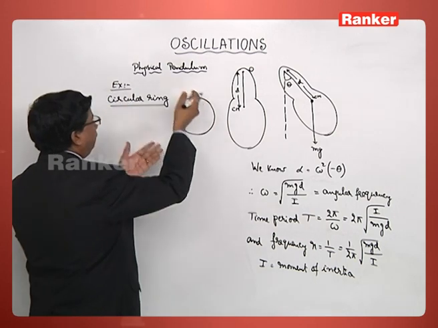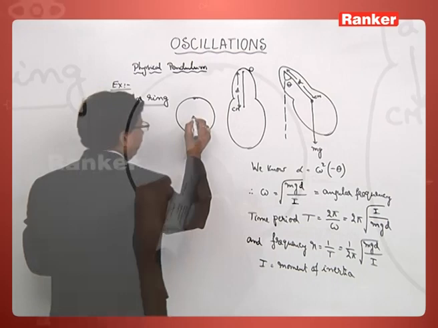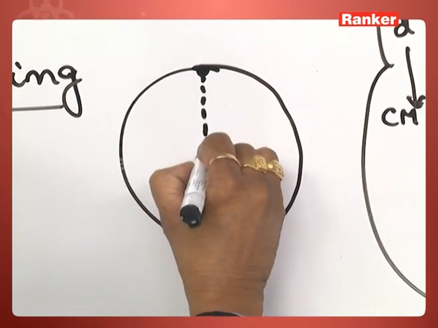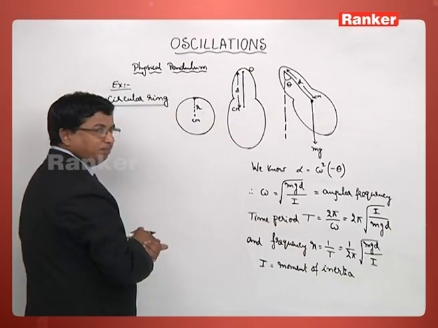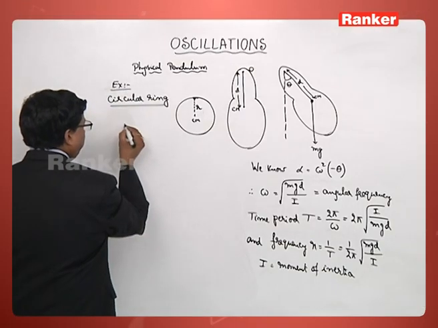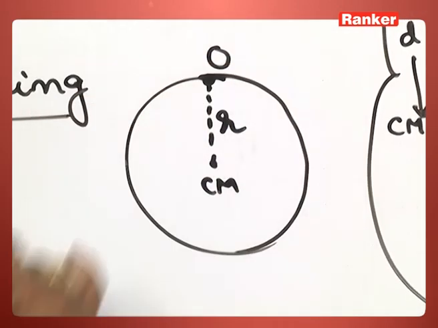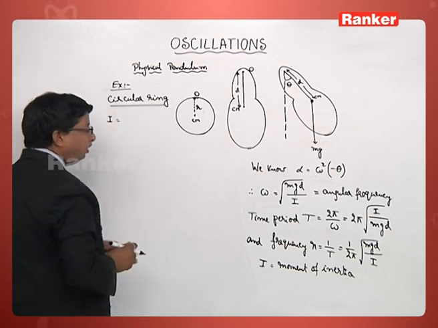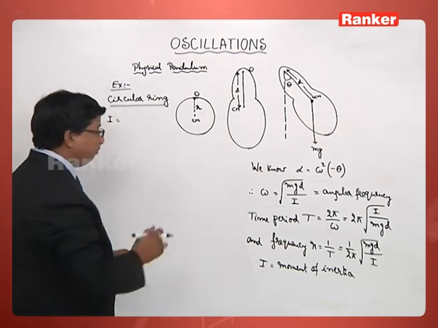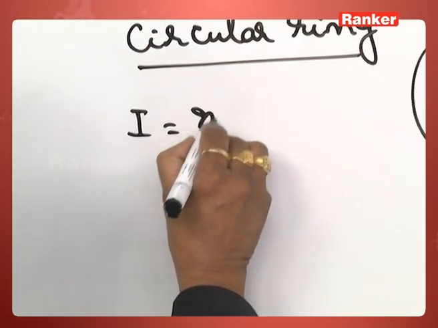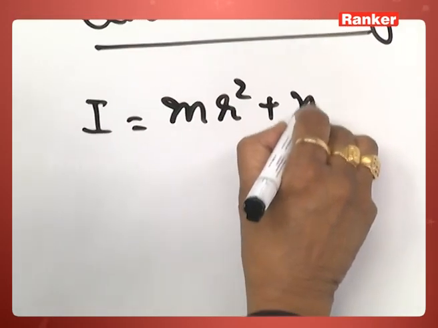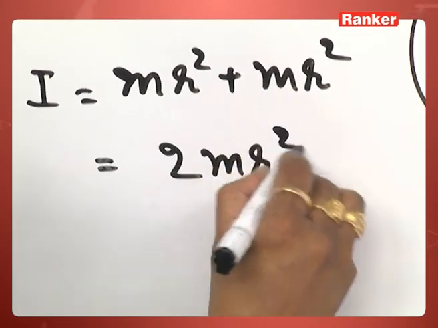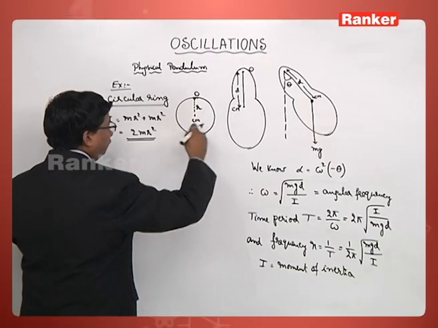That also becomes a physical pendulum, and this being the center of mass of the circular ring, this distance becomes its radius. Then about this point O as the axis, what would be the moment of inertia? According to the parallel axis theorem, one can directly write m r square plus m r square. That becomes 2 m r square.